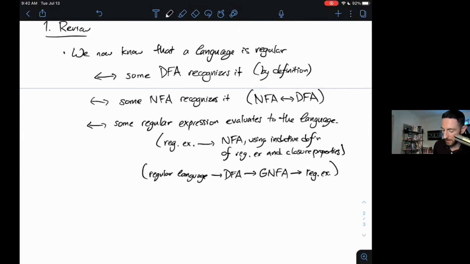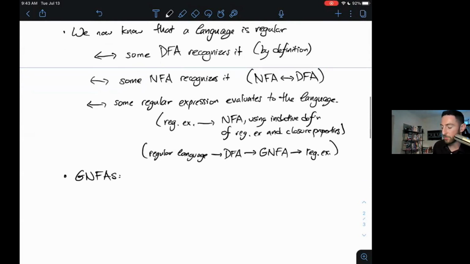So that was one thing we did. We introduced this thing called the GNFA that we used as an intermediate step in our proof. So GNFAs are like NFAs, but transition on regular expressions. They have some special properties.